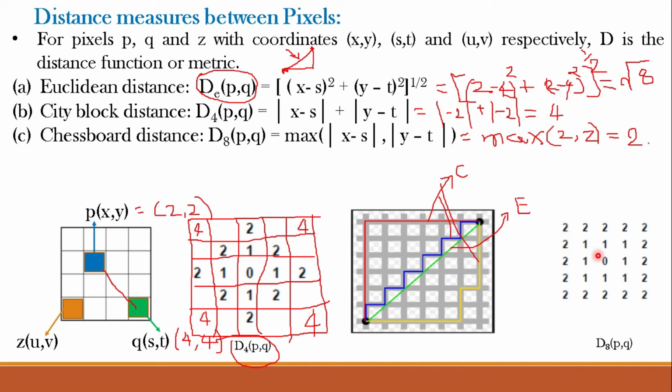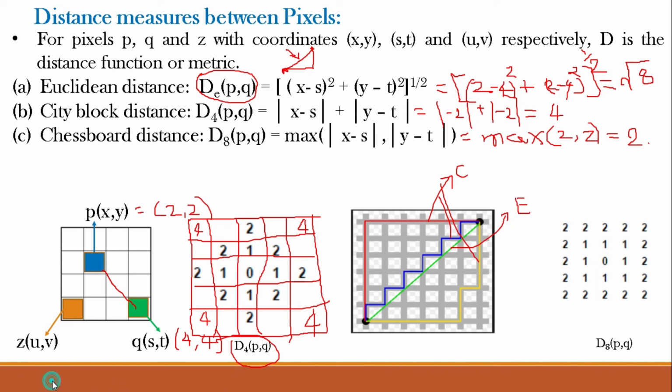Now let us understand, using this image, how we can measure the chessboard distance between two pixels. The chessboard distance is represented by d8 of p and q. The value of this pixel is 0, the value of the adjacent pixel is 0 plus 1, that is equal to 1. This pixel is again 1, this pixel is again 1, and this pixel is again 1.